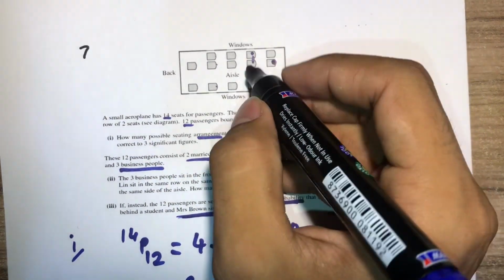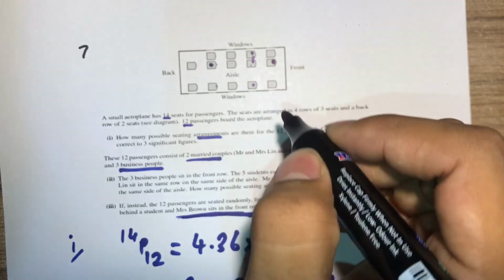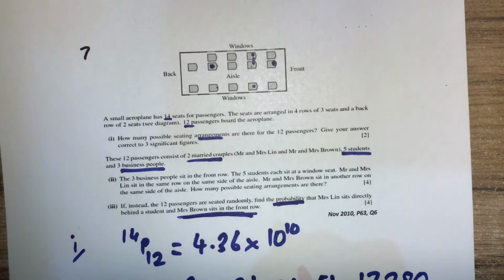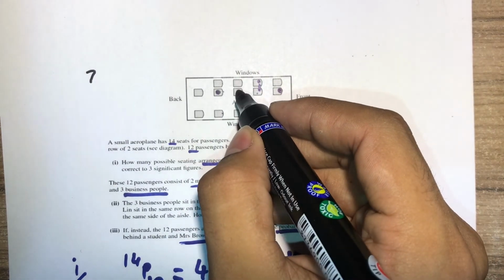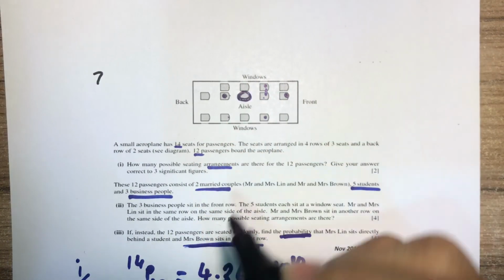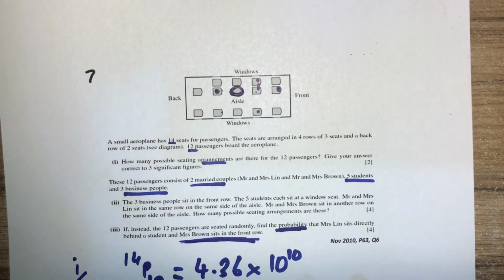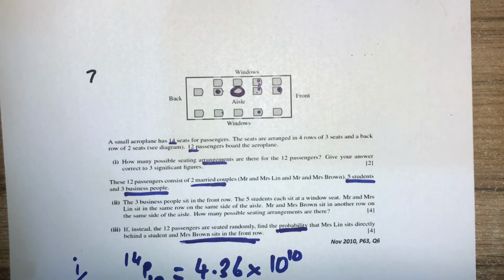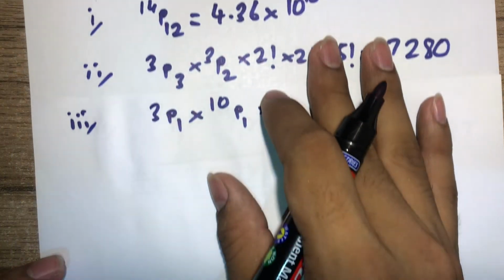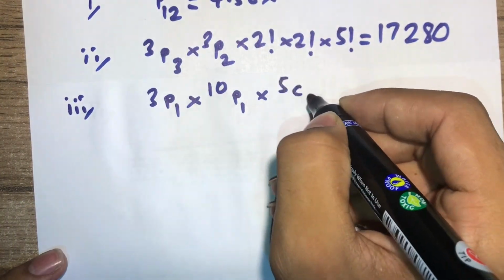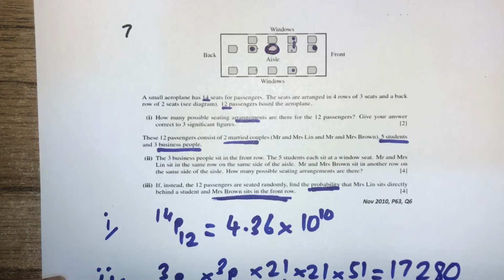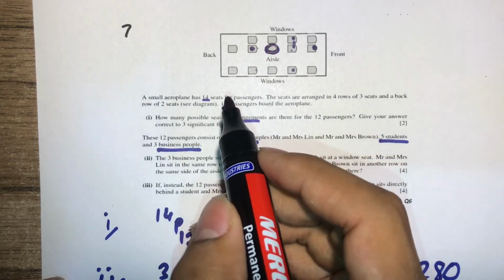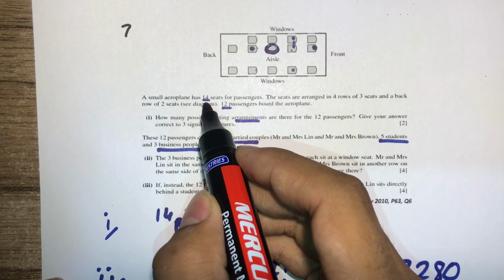Now for example, Mrs. Lynn sat over here and she has to sit directly behind a student. So the student has to come over here, and there are 5 students to select from, and we have to select one student. So it will be 5c1. Now 3 people have been selected out of the total 12, so 9 people remain, and 3 places have been used, so 11 places remain.